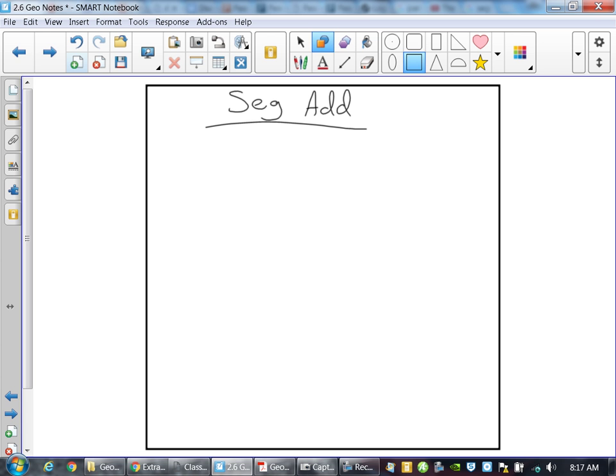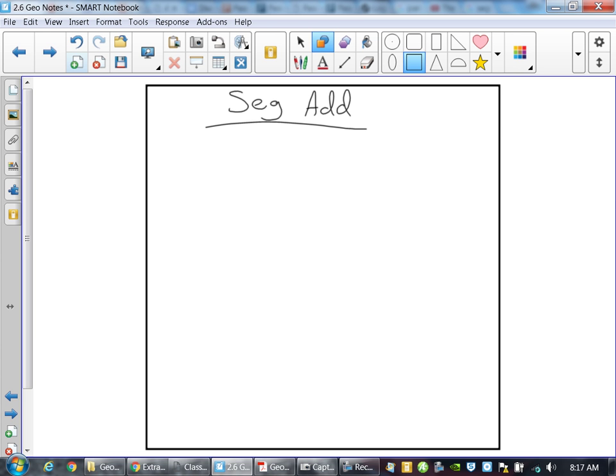What does segment addition look like? Taking your notes today again, I'm assuming? Why don't you write your notes though? What does segment addition look like again, guys? Adding segments.